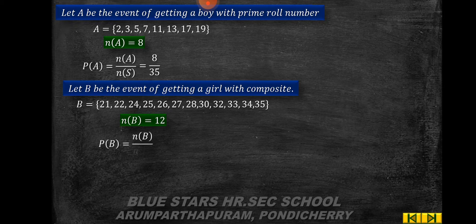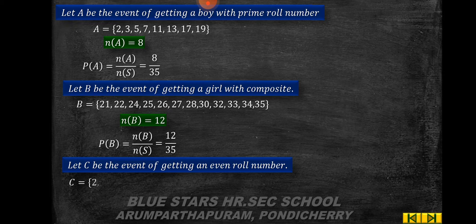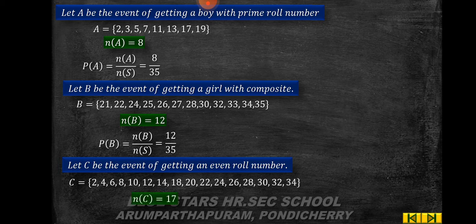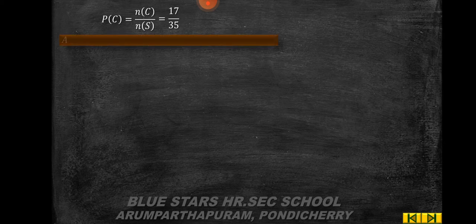P of B is equal to n of B by n of S, which is equal to 12 by 35. Let C be the event of getting an even roll number. So C is equal to 2, 4, 6 etc. up to 34. So n of C is equal to 17. P of C is equal to n of C by n of S, which is equal to 17 by 35.